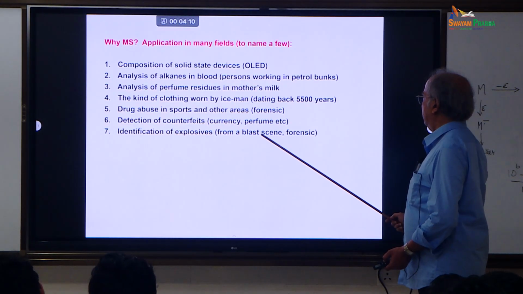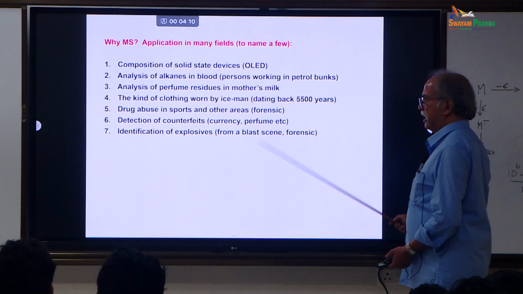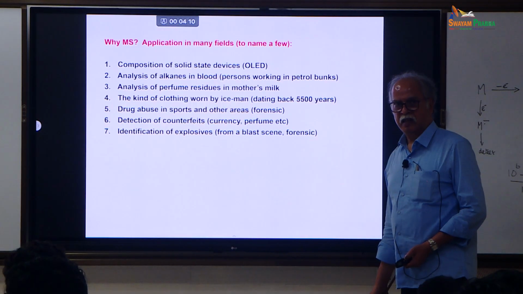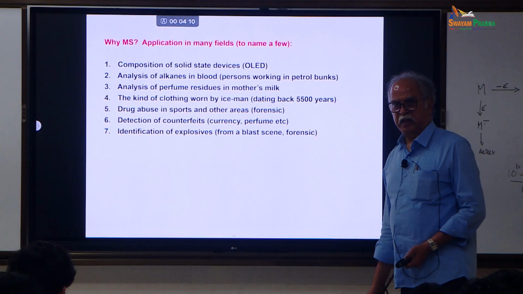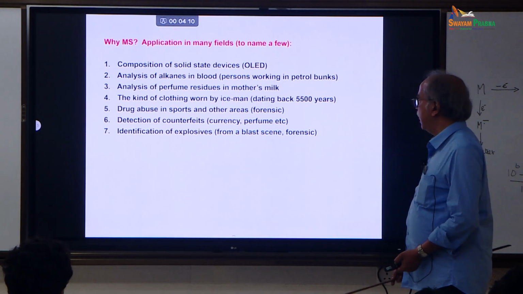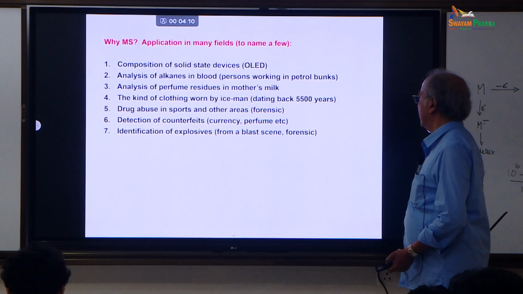Analysis of alkanes in blood. How does the alkane get into the blood? The guy working in a petrol bunk is constantly breathing hydrocarbon, and his blood can contain hydrocarbon. Analysis of perfume residues in mother's milk.